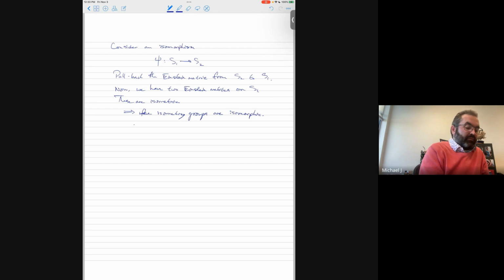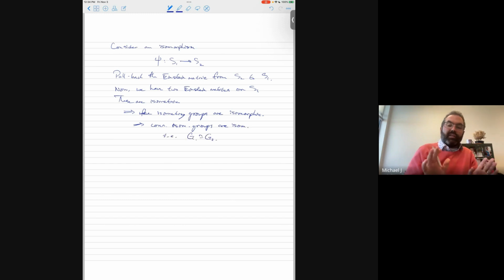And in particular, the connected isometry groups are isomorphic. That is, G1 is isomorphic to G2. So that's the idea: use this uniqueness of Einstein geometry to get the isomorphism between the G's.